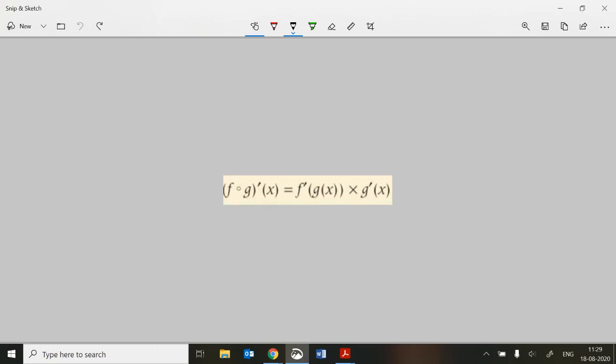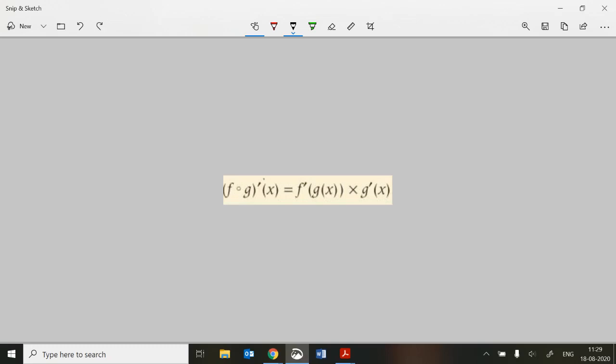This is the alternative way. If we've got f of g of x and we want the derivative of this, combining those two fractions, this is f of g dash, but it's also in terms of x. That's going to give us f dash of g of x and g dash of x.